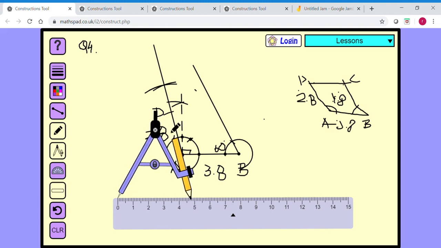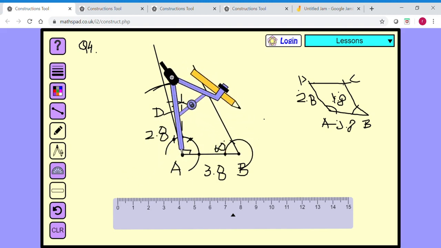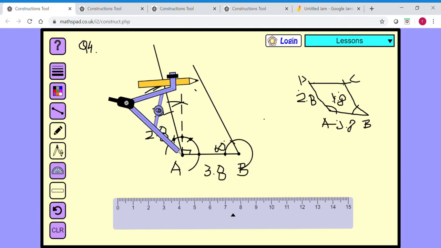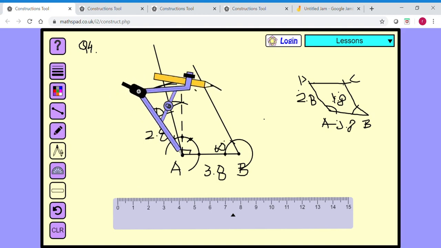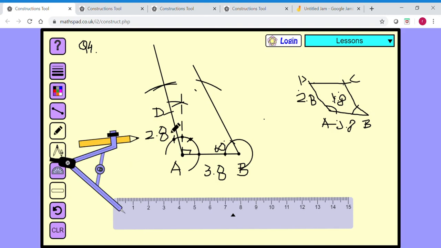Done. Let's lock this, keep it at A. So point C is 4.8 from A. So I cut this line, and this gives me my point C, because this is at a distance of 4.8 from A, and it's making an angle of 60 degree at B.